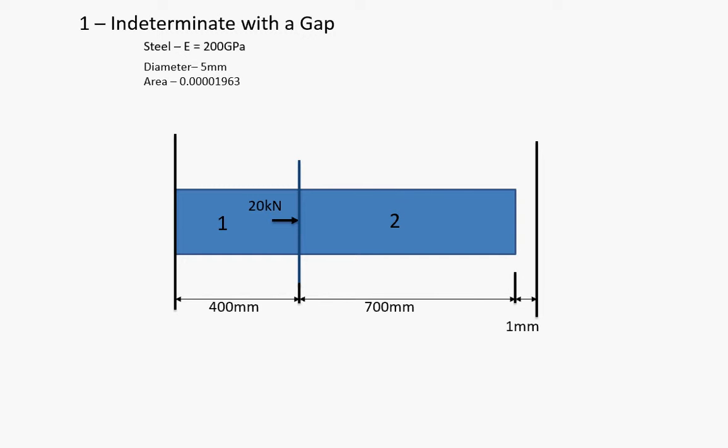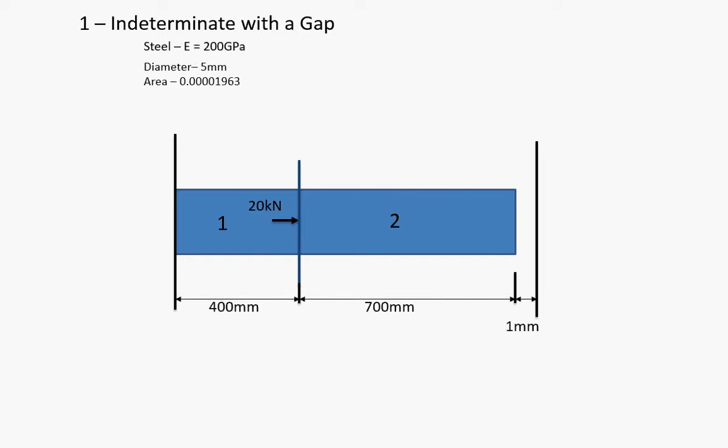Just looking at the problem that I have set up, it's a fairly simple one. I really want to just show you how to work with a gap and work through it. It's a uniform cylindrical beam, 1.1 meters long, with a diameter and area, and it's steel.